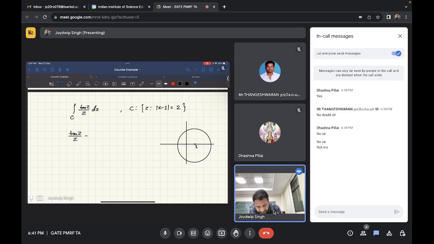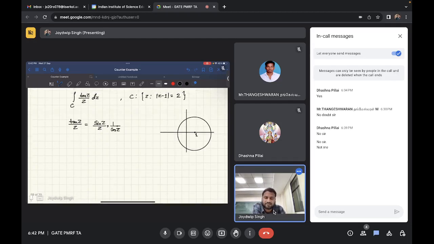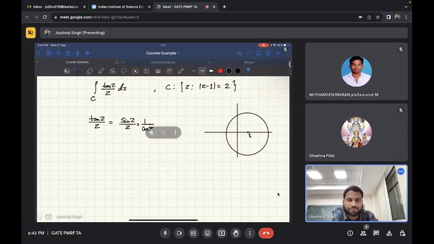Tan z by z is basically sin z by z into 1 by cos z, right? So for poles you have to find where this function will blow up.